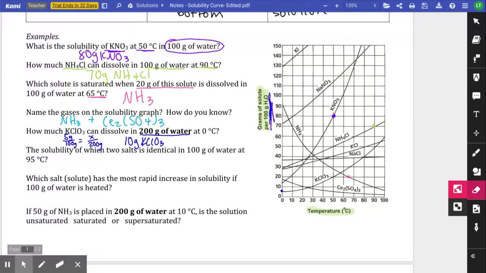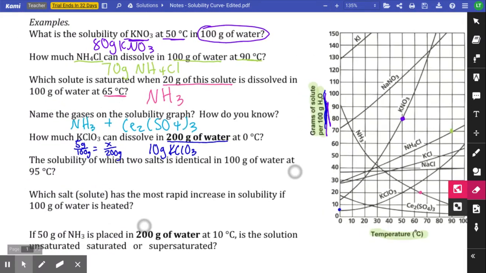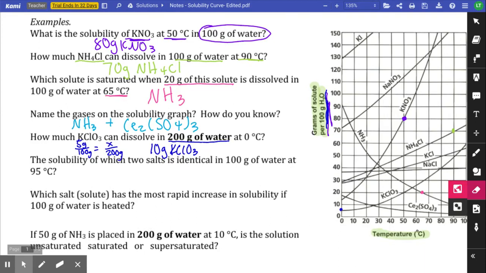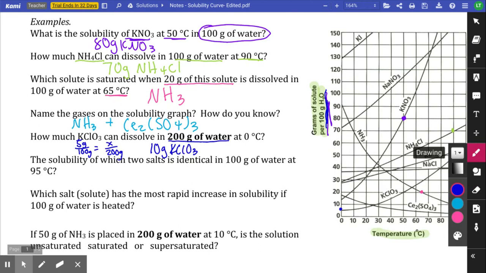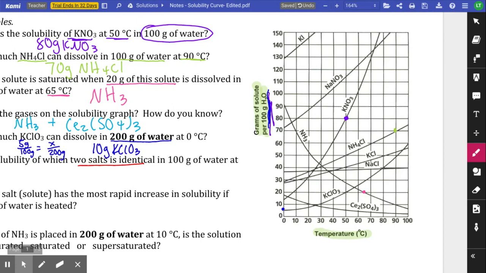Okay. So hopefully you actually paused your video and worked through those problems on your own. Now I'm going to go through them real quickly. This one says the solubility of which two salts is identical in 100 grams of water at 95 degrees Celsius. So basically we're looking for where two salts intersect in their graph at 95.